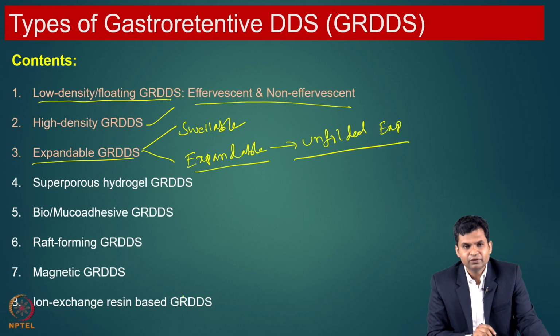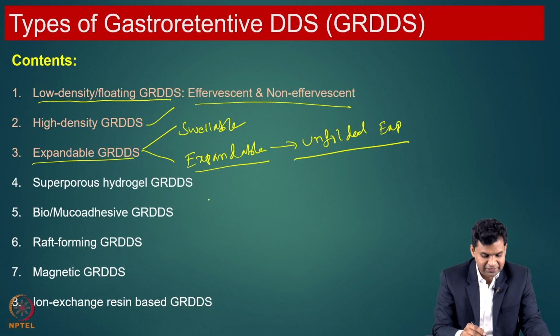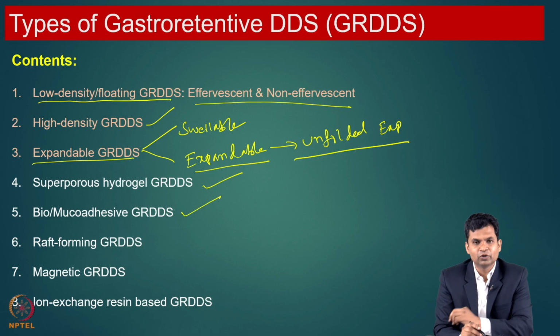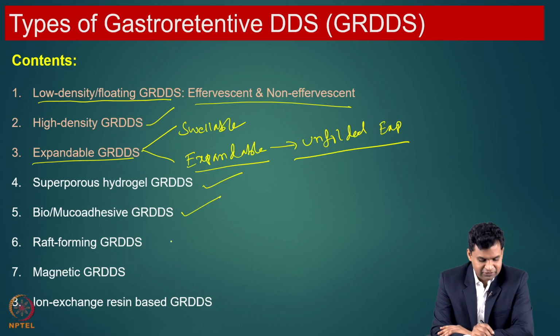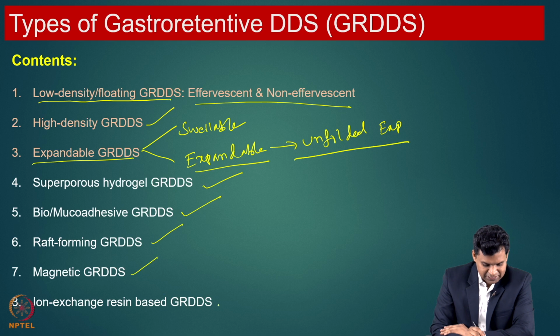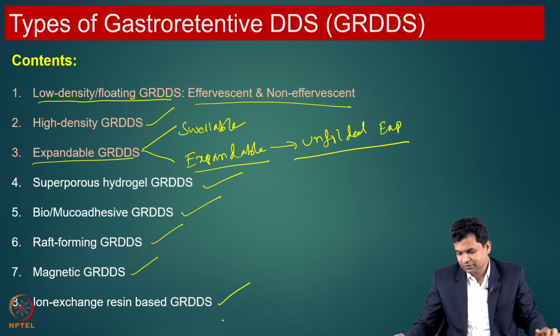So, today we are going to discuss the remaining types, that is super porous hydrogels, the mucoadhesive or bioadhesive gastroretentive drug delivery systems, raft-forming, magnetic based, and ion exchange resin based gastroretentive drug delivery systems.